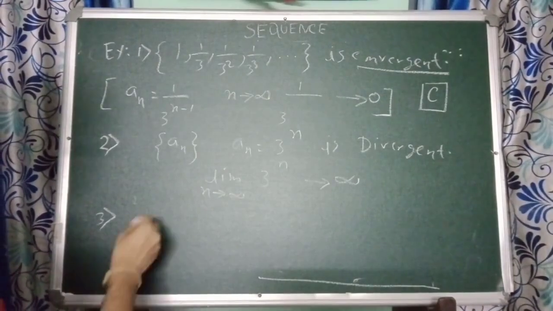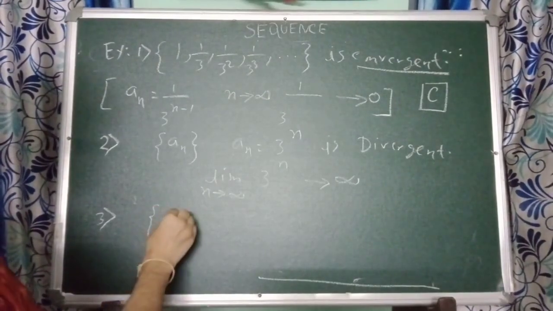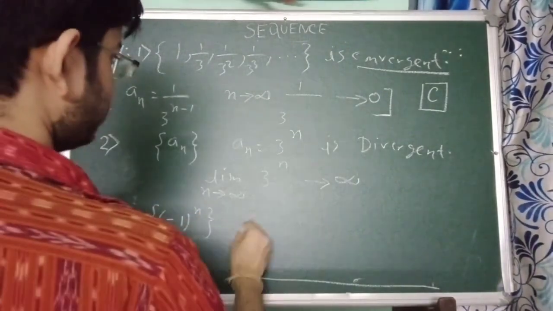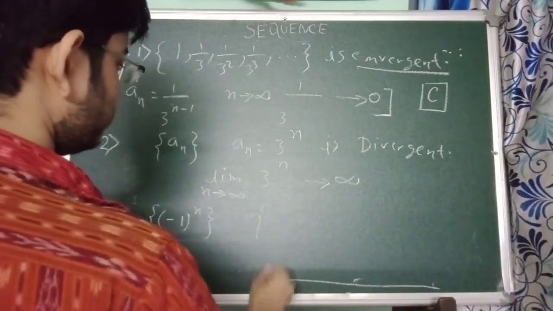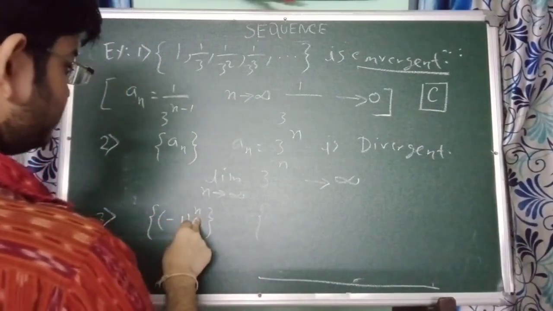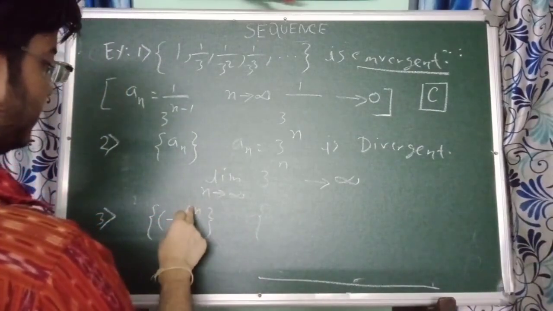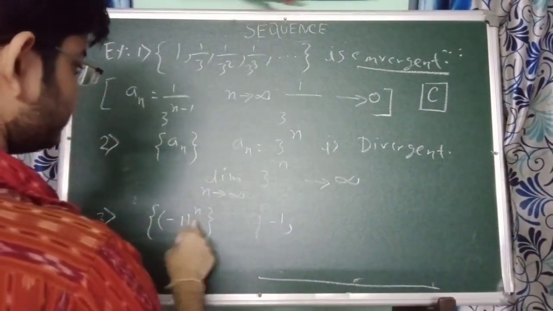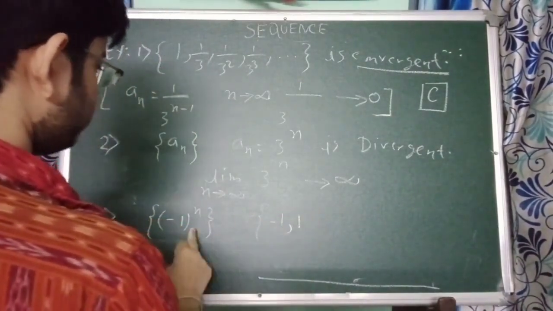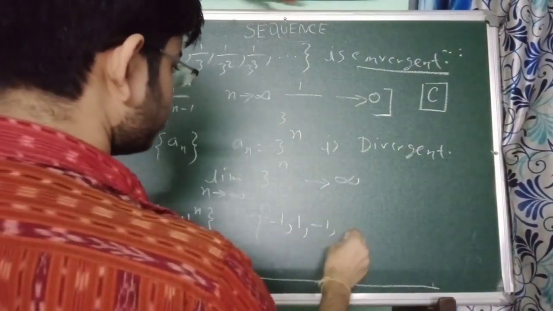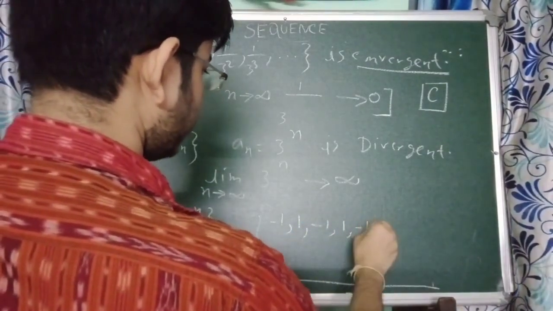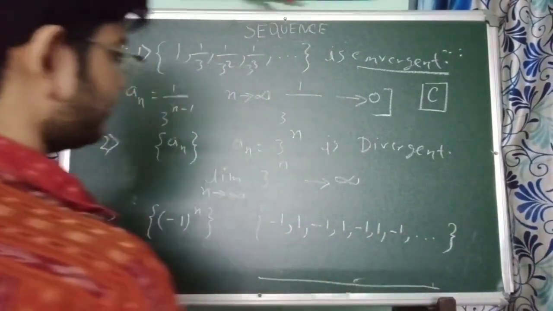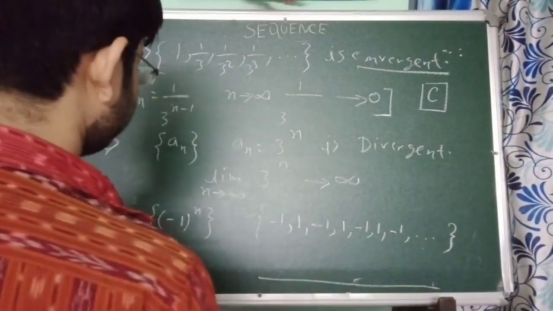Next, we consider the sequence minus 1 to the power n. Now the sequence looks like this: if we put n equals 1, the value is minus 1, put n equals 2, the value is plus 1, and so on. Minus 1, plus 1, minus 1, plus 1, continuing in this fashion.